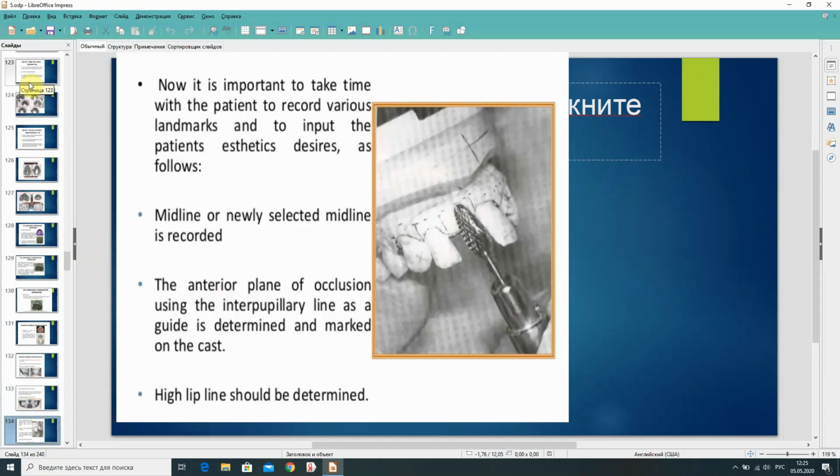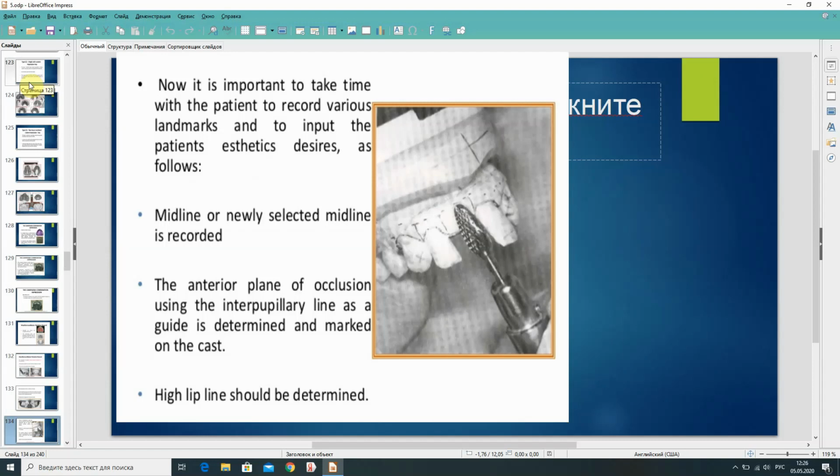Now it is important to take time with the patient to record various landmarks and to note the patient's esthetic desires as follows. Midline or newly selected midline is recorded. The anterior plane of occlusion, using the interpupillary line as a guide, is determined and marked on the cast.